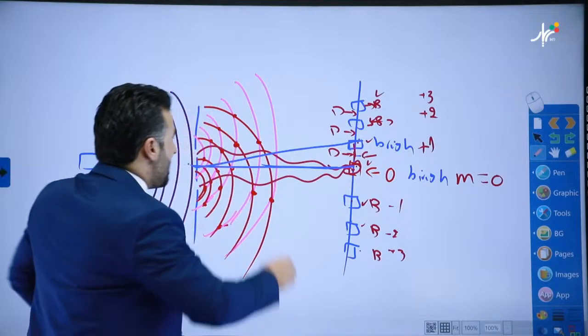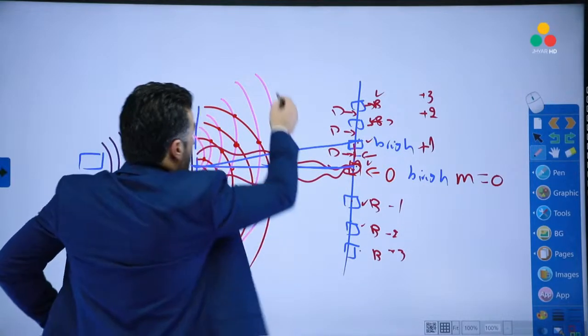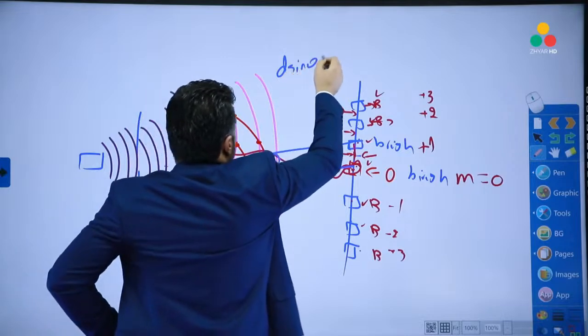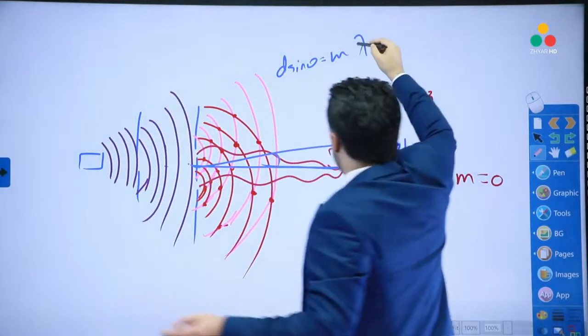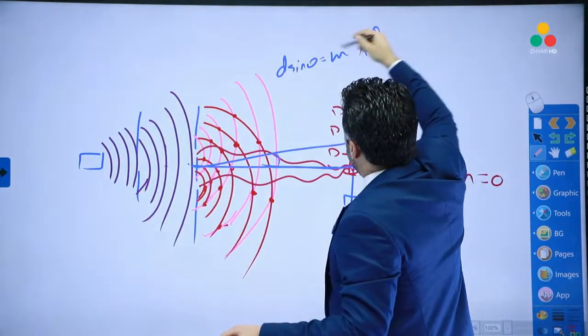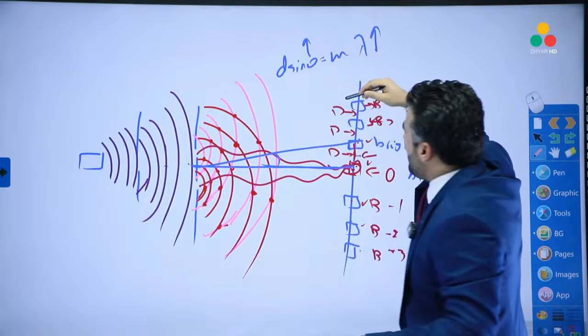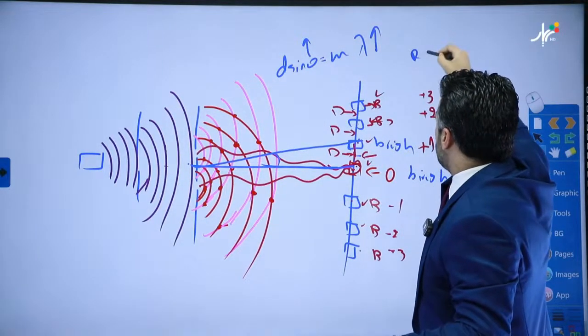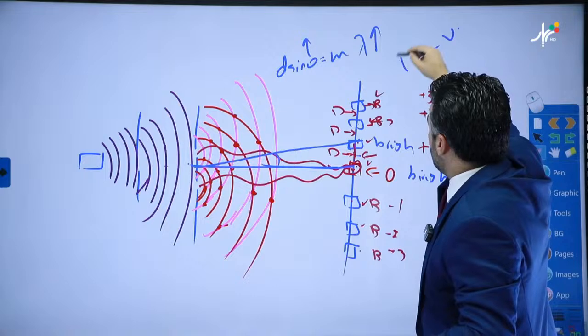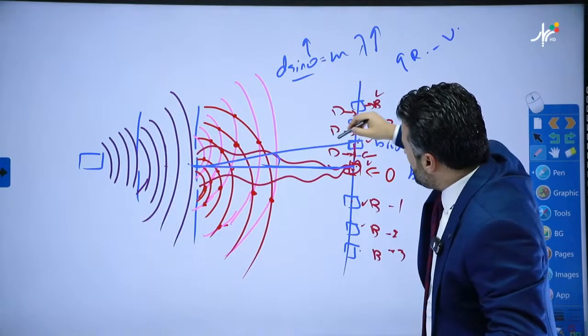That is the angle. So clearly, d sine theta equals m lambda. In other words, the bigger the wavelength, the bigger this angle is. Comparing red all the way to violet, red has a bigger wavelength. That means red light would deviate more.